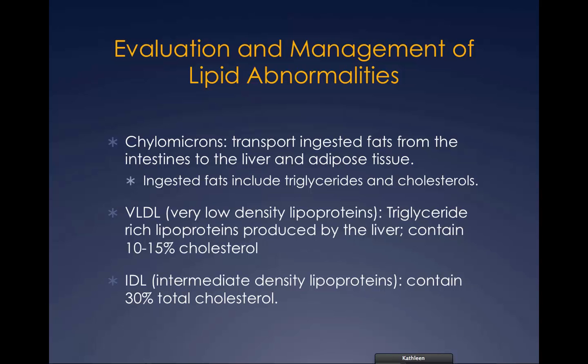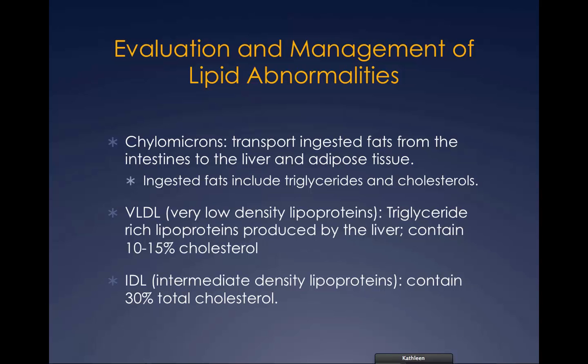In the liver, the chylomicrons are absorbed and triglycerides are packaged as very low density lipoproteins for transport to body tissues. The very low density lipoprotein is 56% triglycerides and 10 to 15% cholesterol. It delivers triglycerides to body tissues.